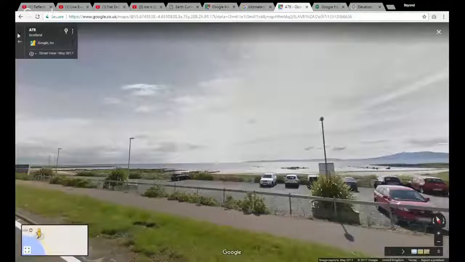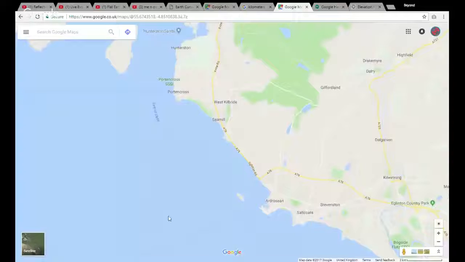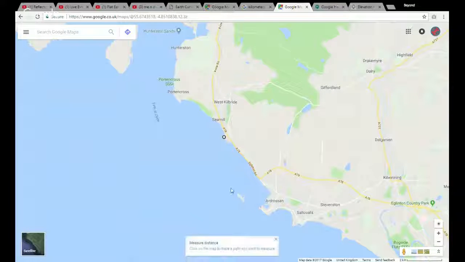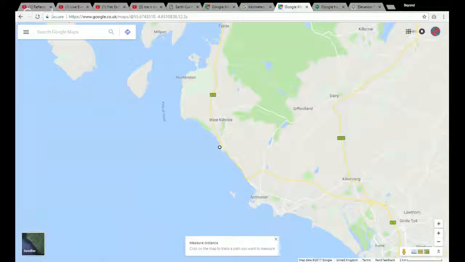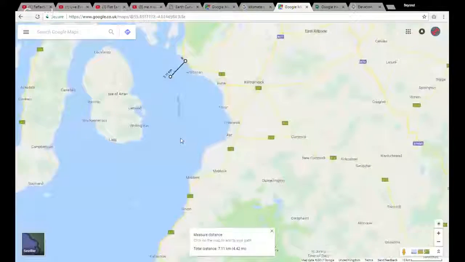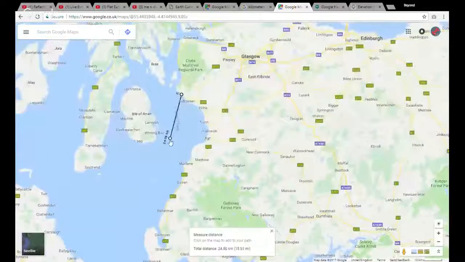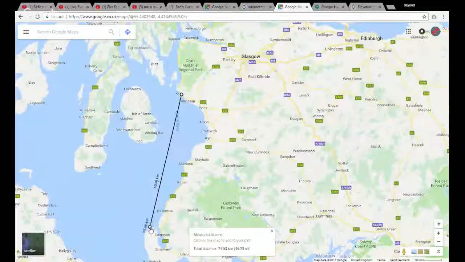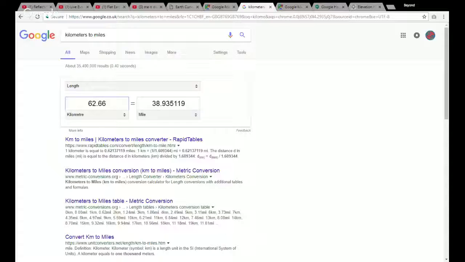Maps, right. So we're saying we're here at Seamill, so we'll say that. Measure distance. So that furthest point that we're seeing there is 75.5 kilometres, 46 miles.